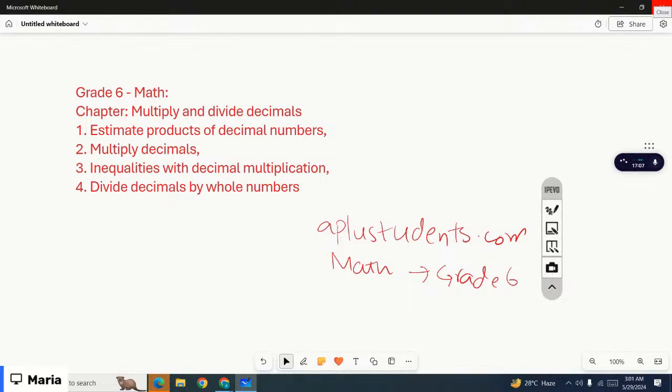And the lessons we're going to cover today are estimate products of decimal numbers, multiply decimals, inequalities with decimal multiplications, divide decimals by whole numbers.